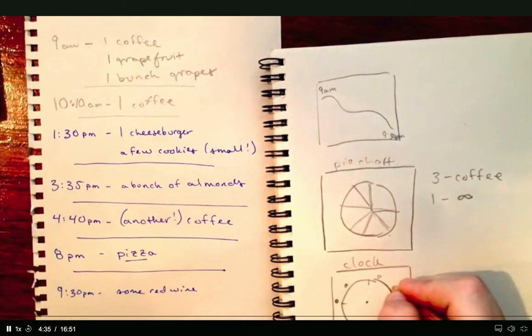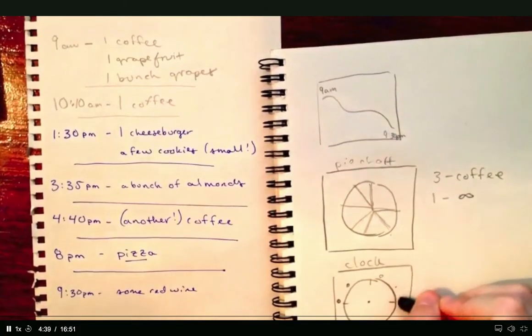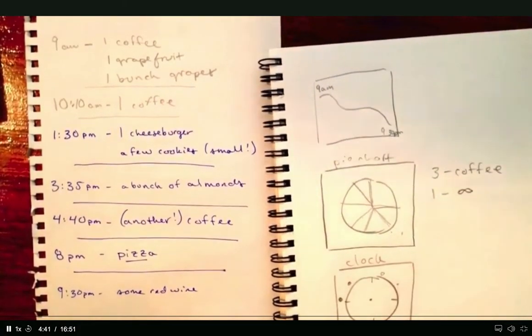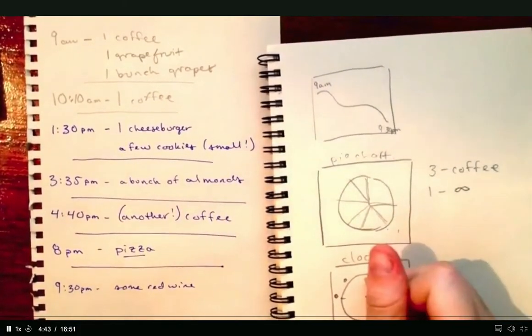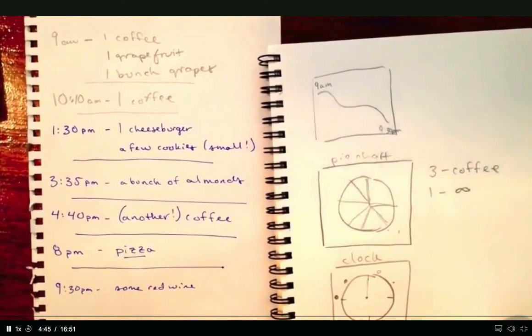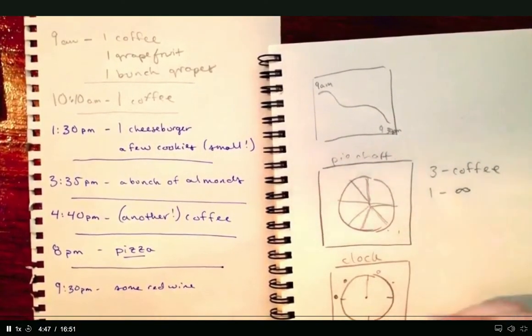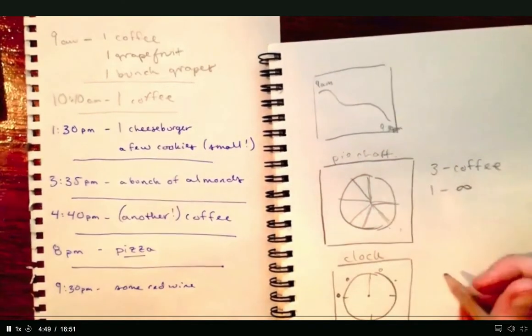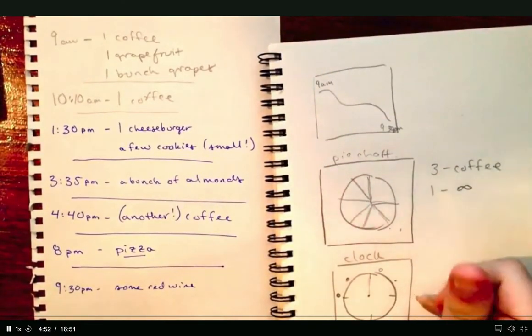Well, see, then that starts to get a little confusing for me. When you start to look at it and try different ideas, it gets confusing, because how am I going to actually show 1:30 on one piece of information there?